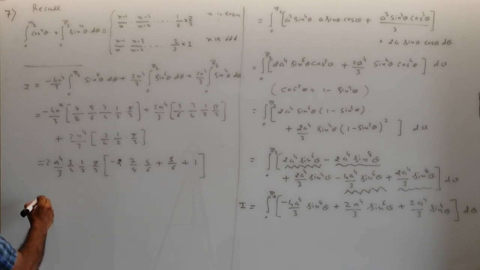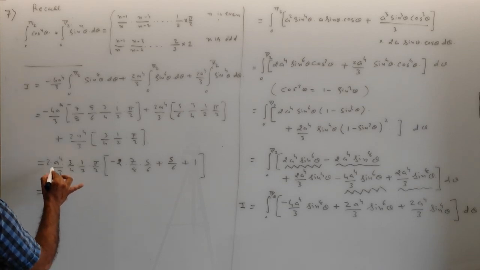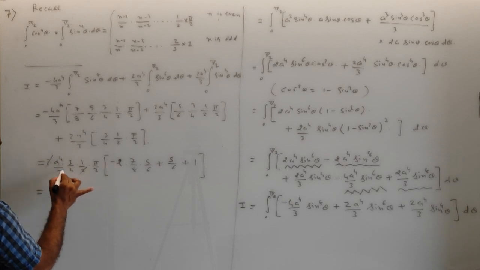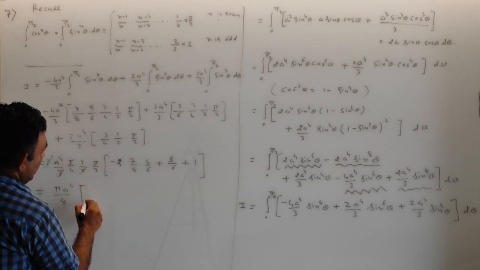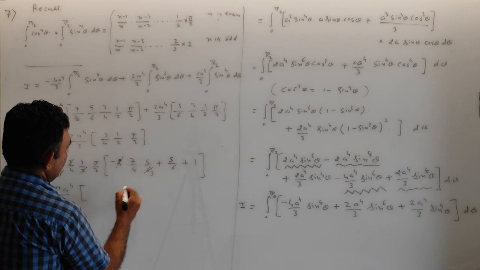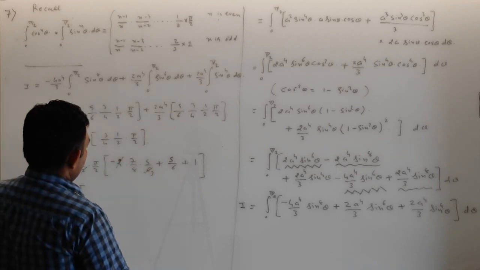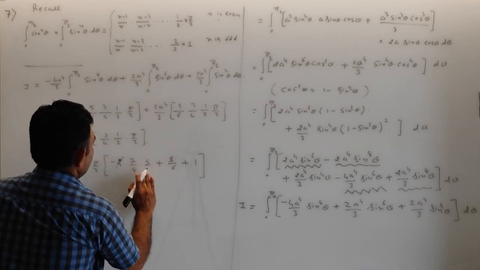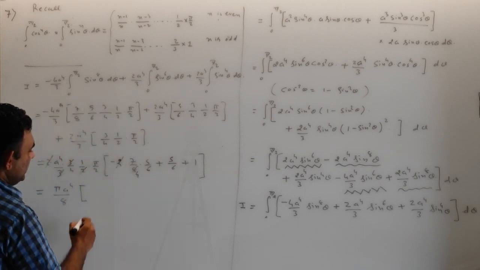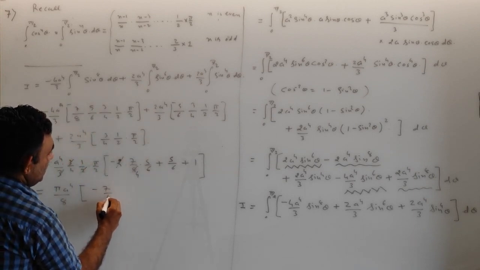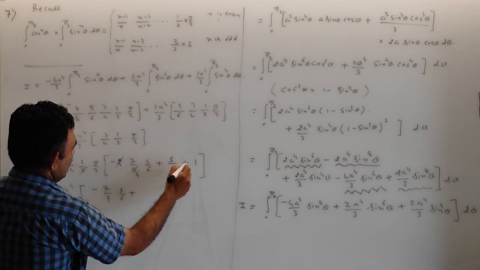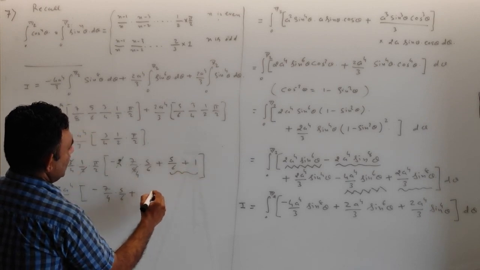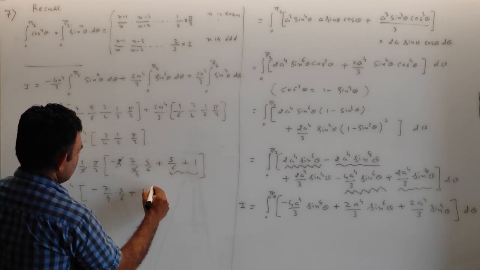Okay, so now here 2 cancels, 2 cancels, 3 cancels, so it is pi a raised to 4 by 8, 4 into 2 is 8, and it is what, 2 cancels, so it is 3. So okay, don't cancel with this 6, it is with this 4, so it is minus 7 by 4 into 5 by 6 plus the sum of these two terms will be 11 by 6.